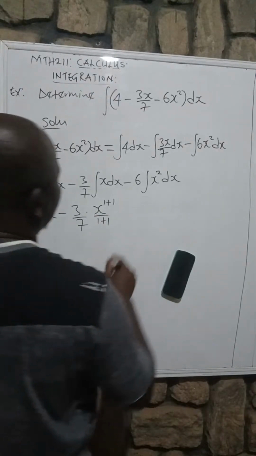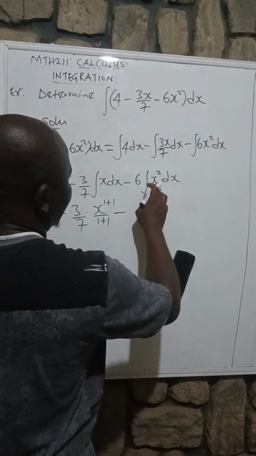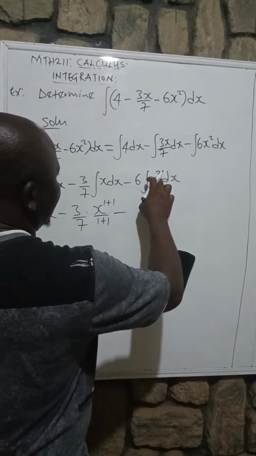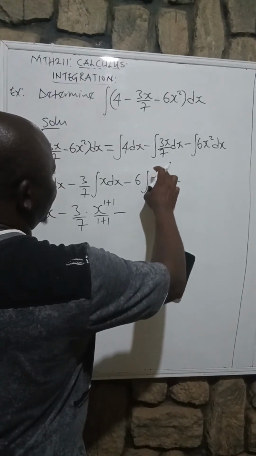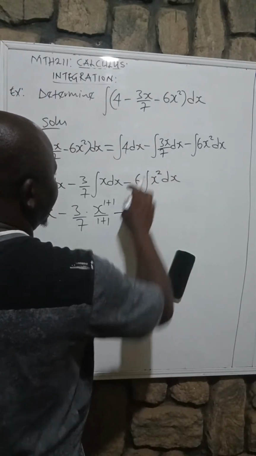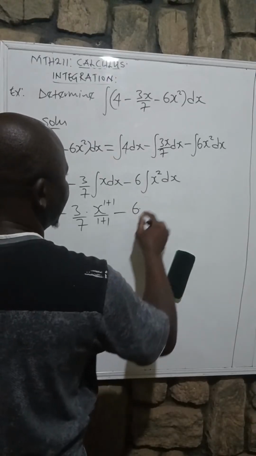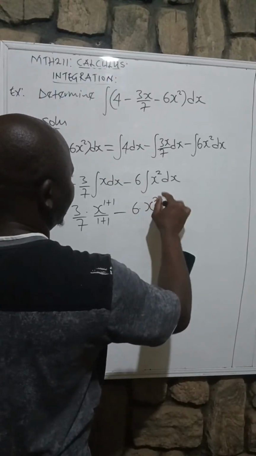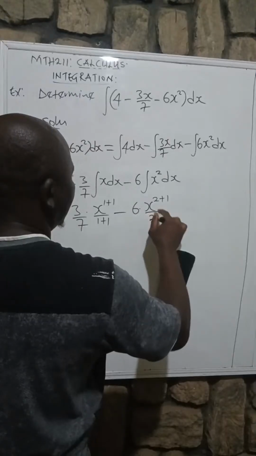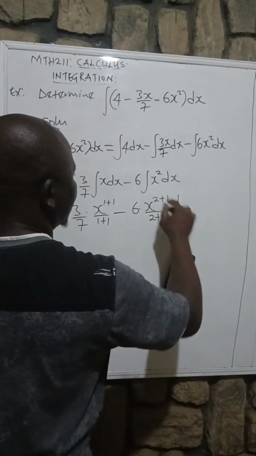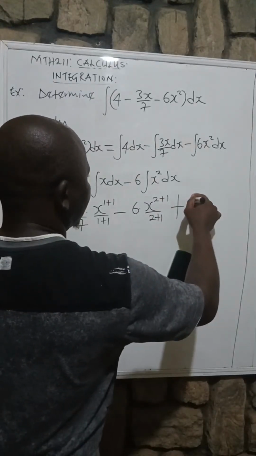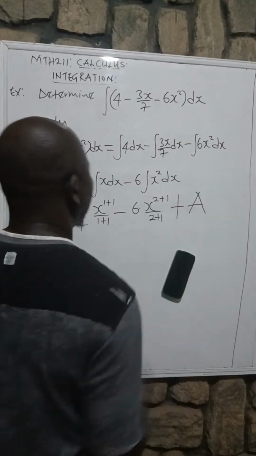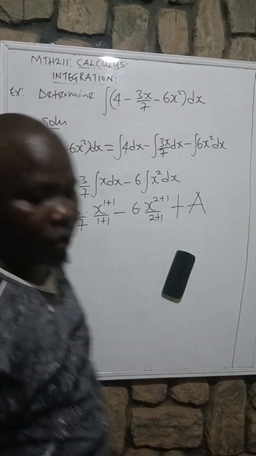Then minus, if you integrate x squared, you are going to have x raised to the power of 2 plus 1 all over 2 plus 1, times 6. So 6 times x raised to the power of 2 plus 1 all over 2 plus 1, plus any constant. Do you understand up to this point?